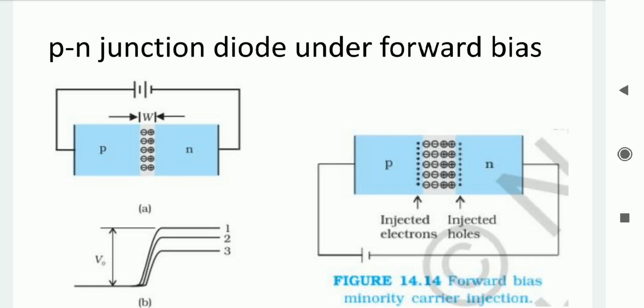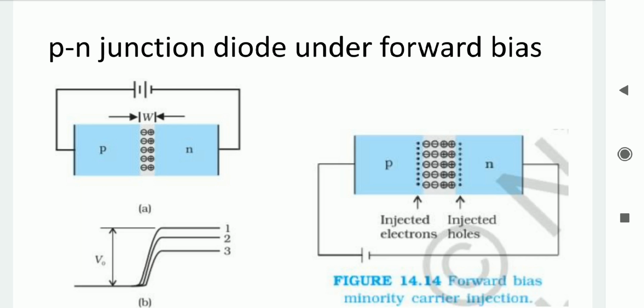So here, while we increase this applied voltage to equal the barrier potential, at that point the net effective voltage would be 0, which is known as built-in voltage or cut-in voltage. After that, while we increase the supply voltage, the depletion region width is diminished.